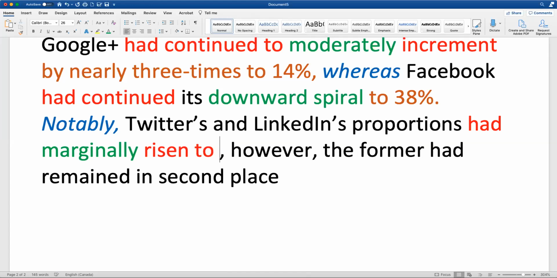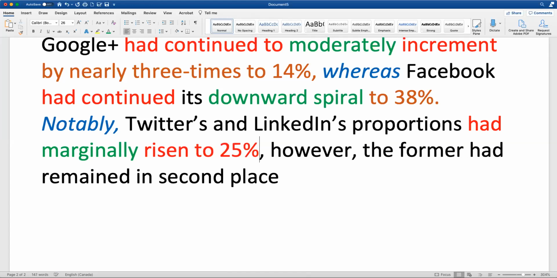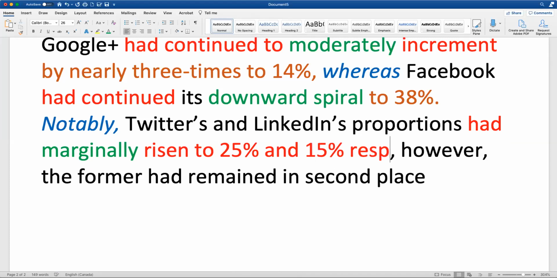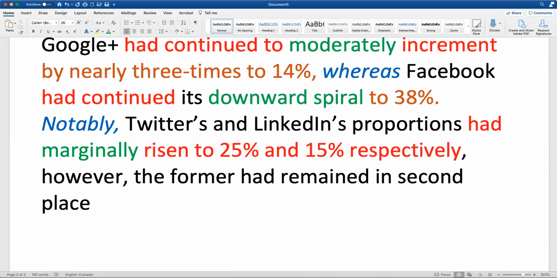Actually, here I should put to 25% and 15% respectively.